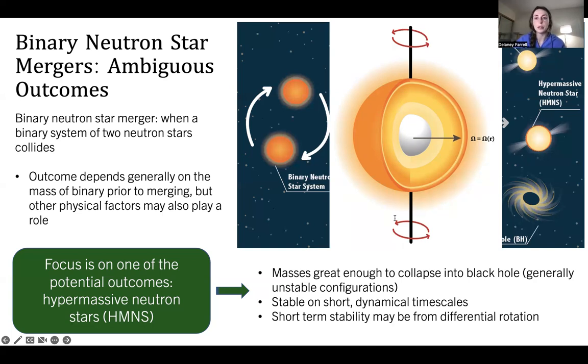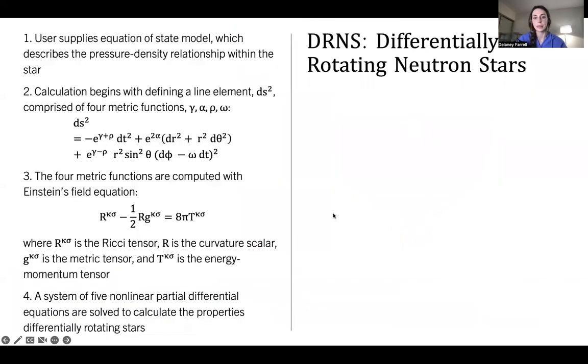So in order to model these hypermassive remnant stars, we devised a numerical scheme to model differential rotation in neutron stars. I'll very briefly touch on the numerical simulation. It's a code I named DRNS, for differentially rotating neutron stars. The simulation begins with the user supplying what we call an equation of state model, which describes the pressure-density relationship within the star.